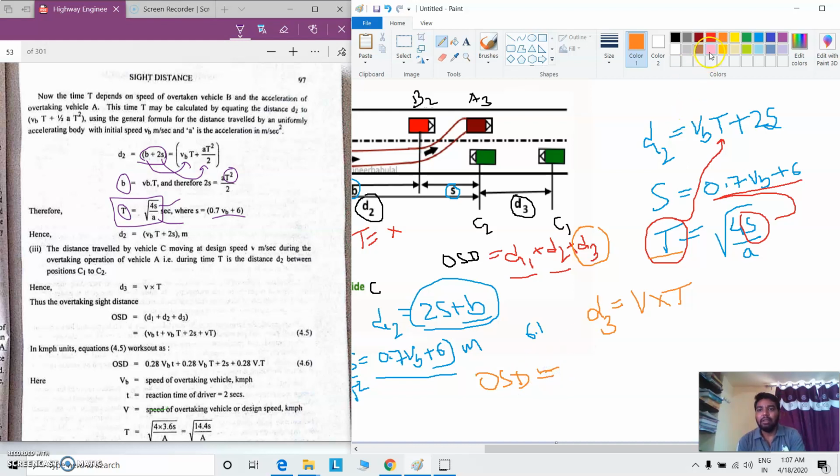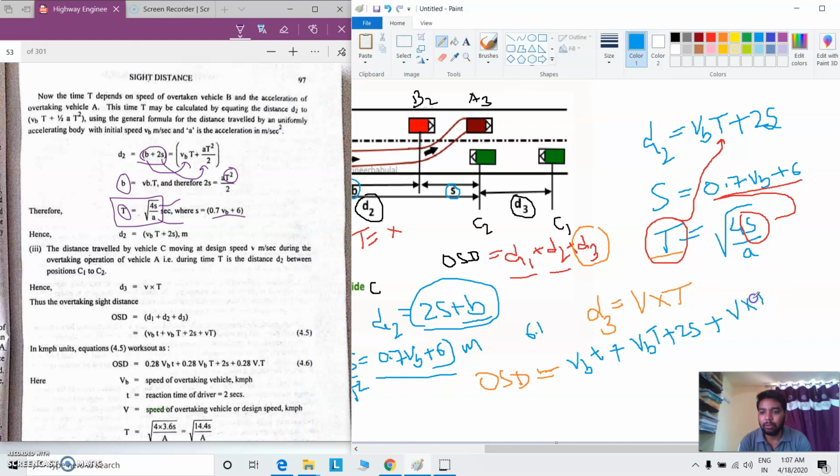And here d1, d2 and d3: d1 is vb into reaction time of the driver, right? Plus d2 is the distance traveled by vehicle a during overtaking operation, vb into capital T plus 2s, and d3 is the distance traveled by vehicle c from position c1 to c2, that is v into T, right?